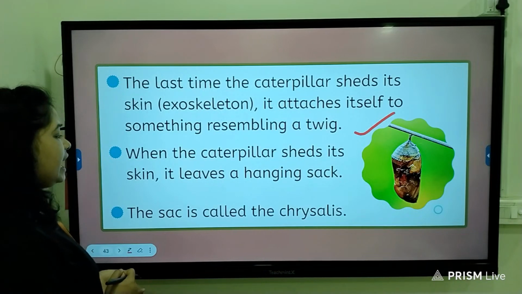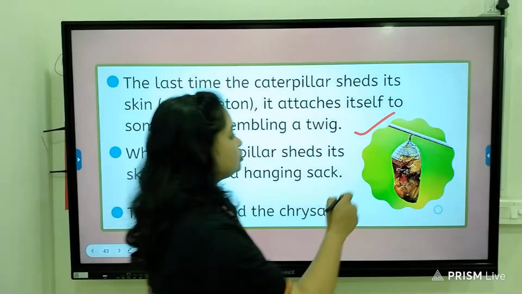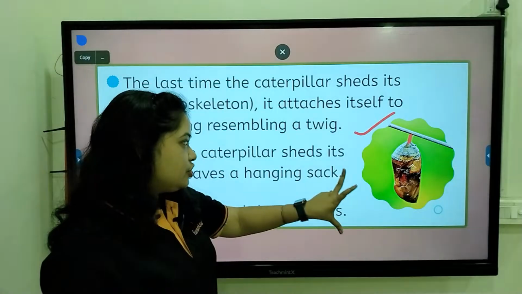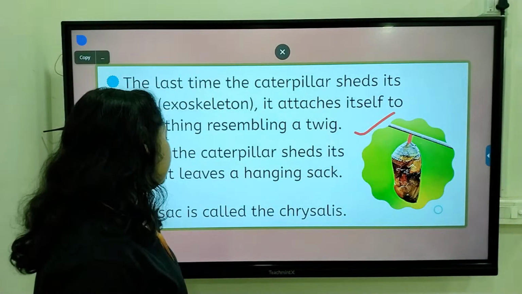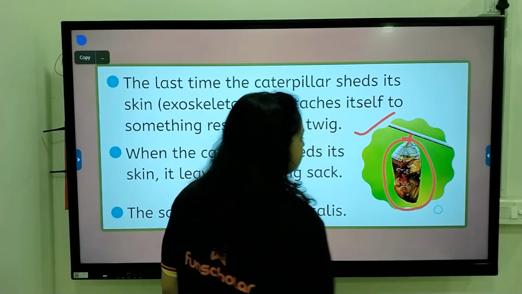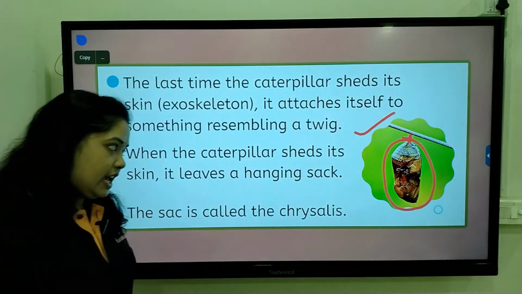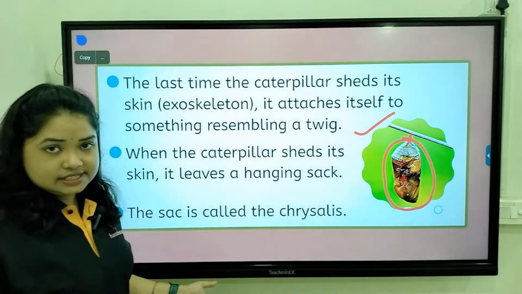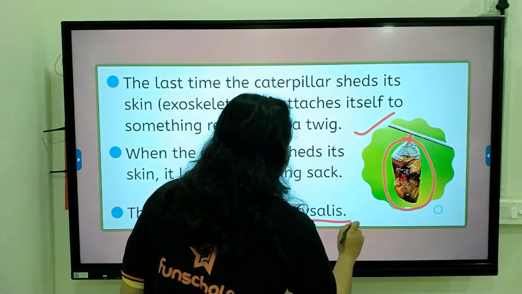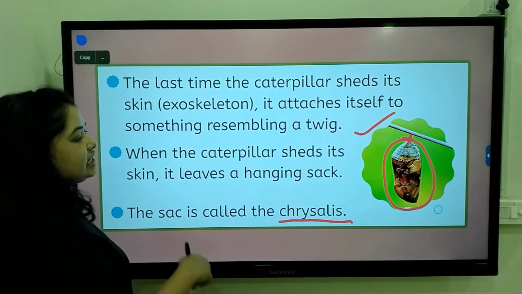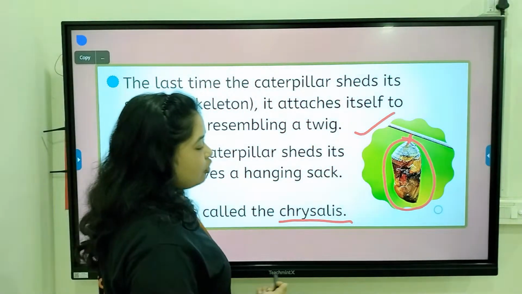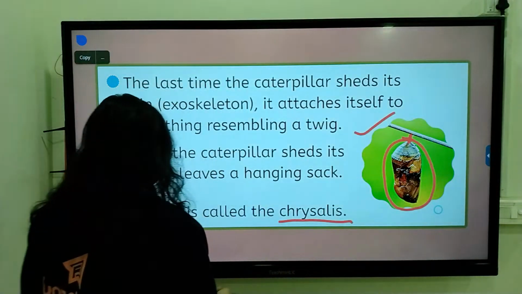It will leave a hanging stalk with which the cocoon structure will remain attached to the twig. And this is the sac within which the organism will stay before emerging as a beautiful butterfly. This structure is known as the chrysalis. So the stage is the pupa stage, and the structure formed in this stage is known as the chrysalis.